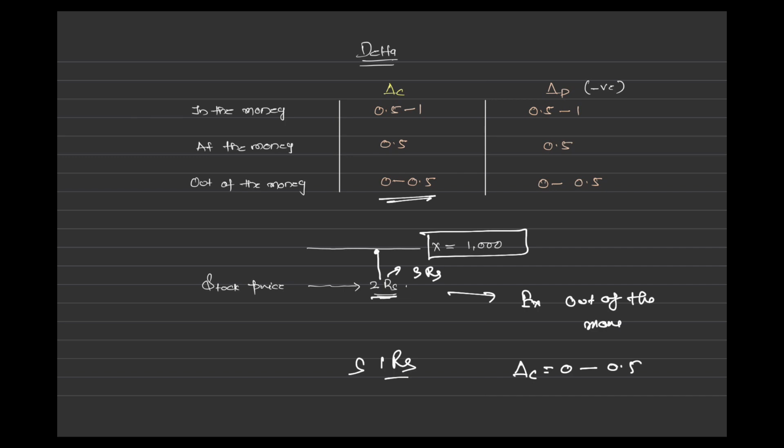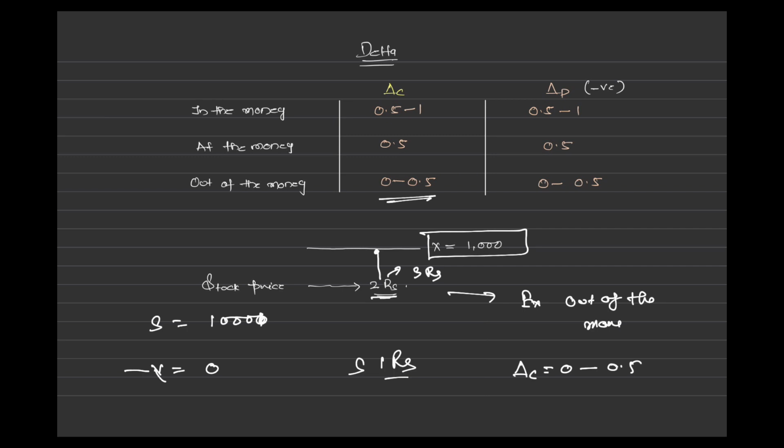Okay. Now, in the case of extreme in the money, for example, the exercise price is zero and the stock price is trading at 1000. If the stock price changes from 1000 to 1001, then there is a net profit of 1 rupee, right? And if you respect the time value of money, still it is 0.999.